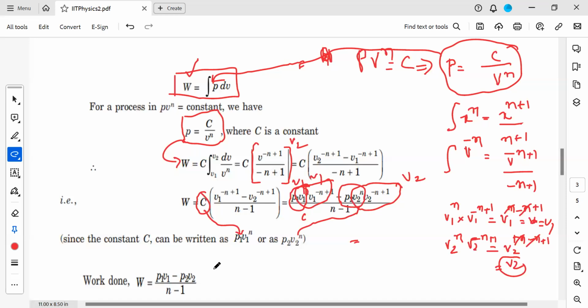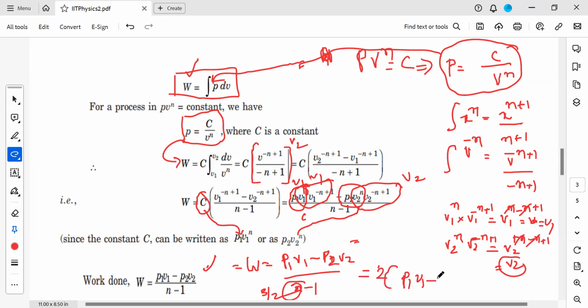So finally we get the formula, work done is equal to (P1V1 minus P2V2) by (n minus 1). If you substitute n equal to 3 by 2, we get W equal to 2 into (P1V1 minus P2V2).